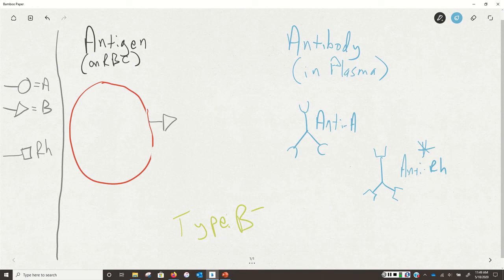But when we're talking about Rh, if we're not born with the Rh antigen, it seems like we should be born with the anti-Rh antibody, but we're not. We don't start making anti-Rh antibodies unless we come into some contact with Rh positive blood.